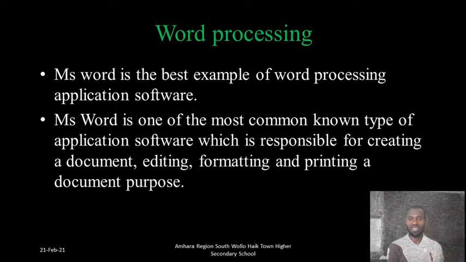But from the different types of word processing application software, the best and most commonly known is Microsoft Word. Microsoft Word is responsible for creating a document, editing a document, formatting a document, and printing a document. That means to do such kinds of activity, we use the Microsoft Word program.